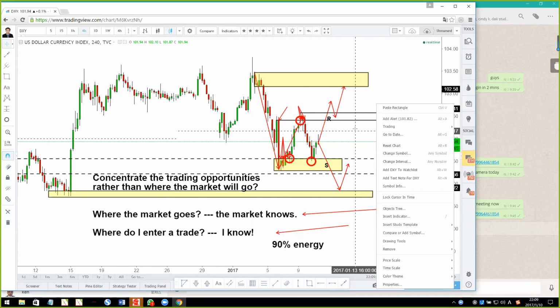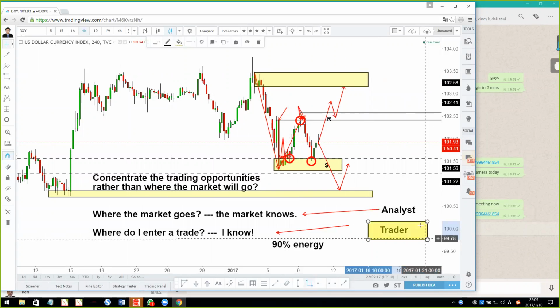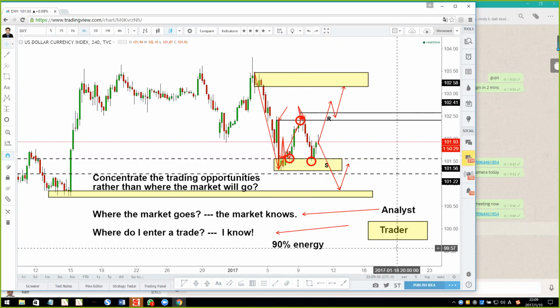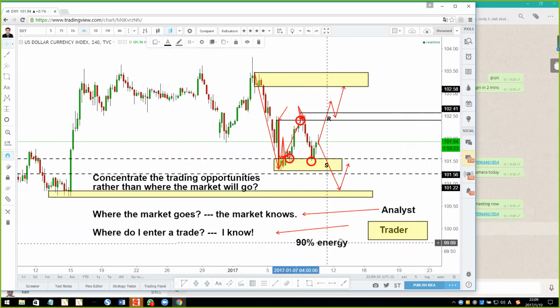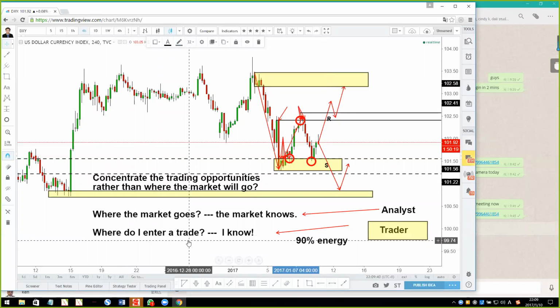You are traders. You are your own trader. You don't want to listen to other analysts' suggestions and trade based on other people's opinions. You don't want to do that. You are a trader, so put all your energy on where to enter a trade.